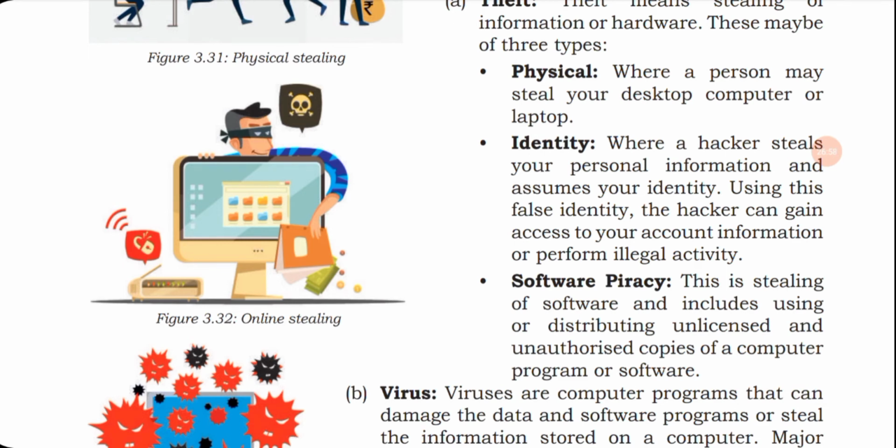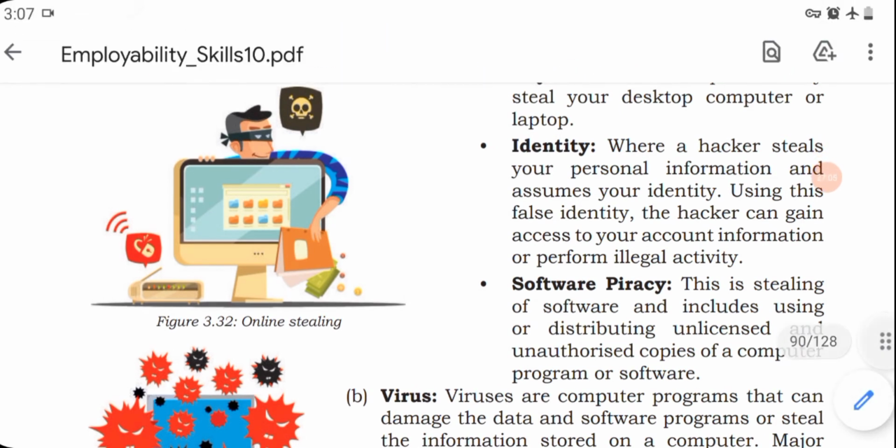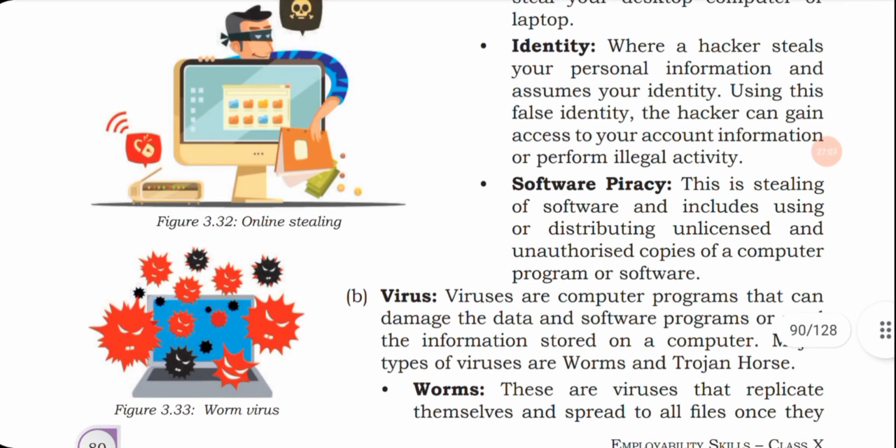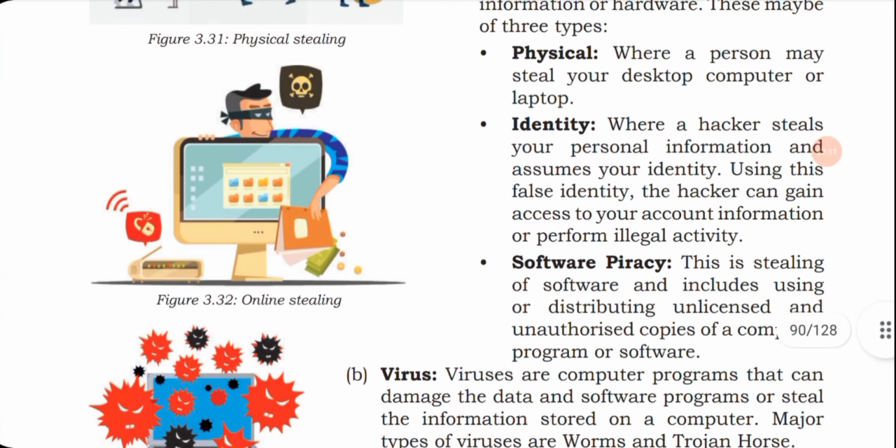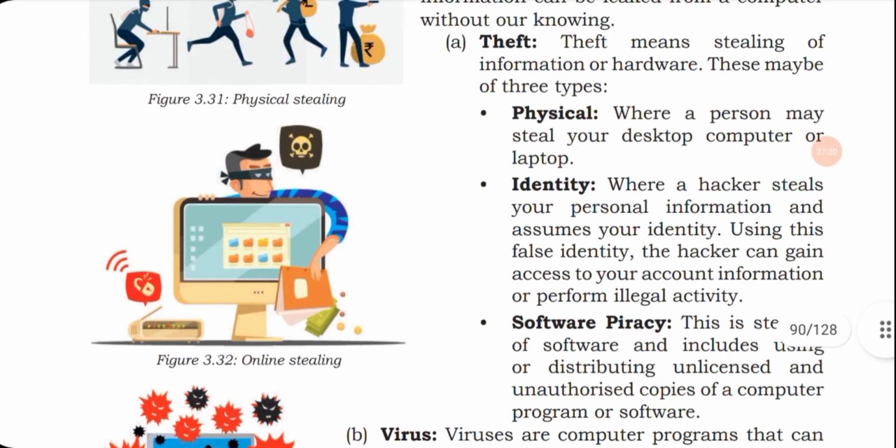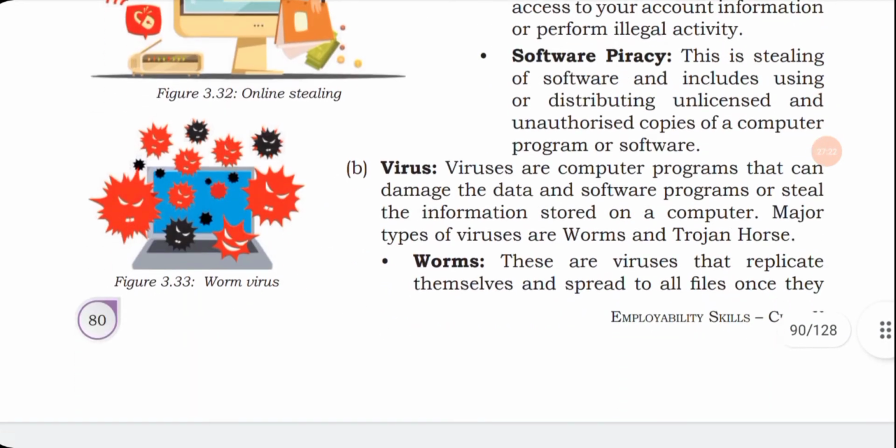This is stealing of software and includes using or distributing unlicensed and unauthorized copies of a computer program or software. So these are the three types of theft.